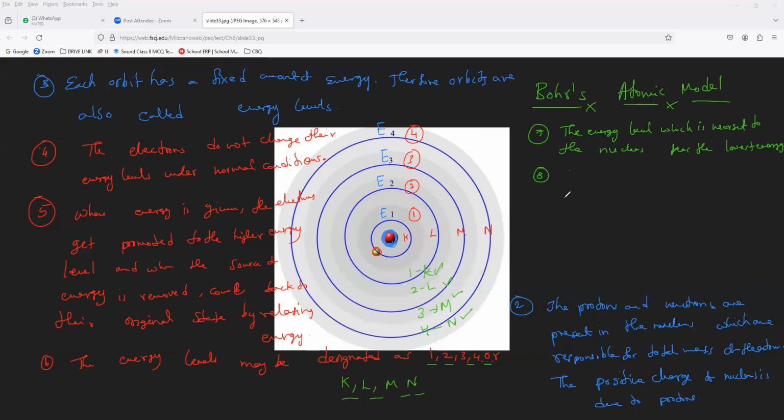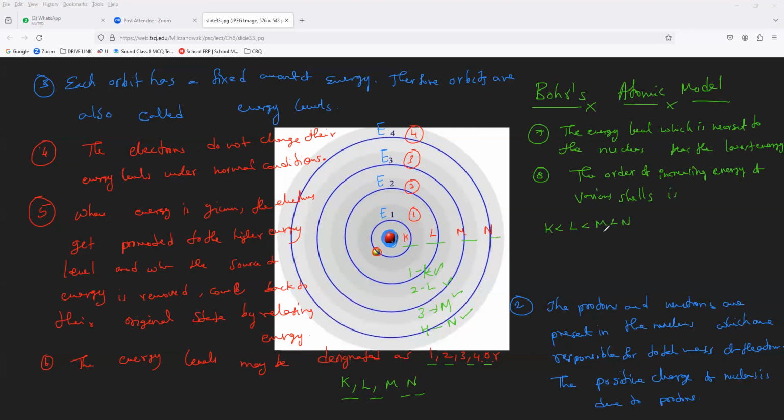Next, the order of increasing energy. Write the next point: the order of increasing energy of various shells is K less than L less than M less than N. Compared to K, L has more energy.